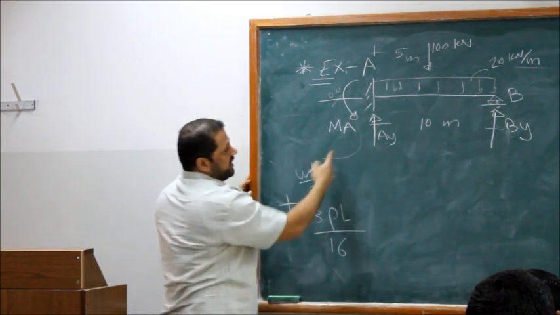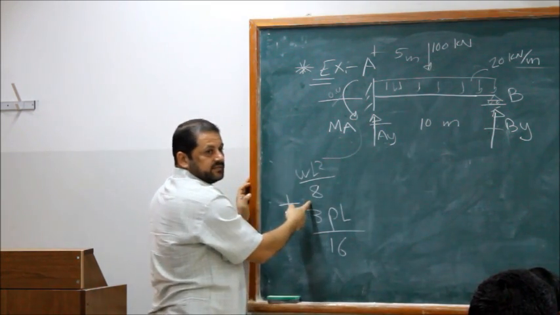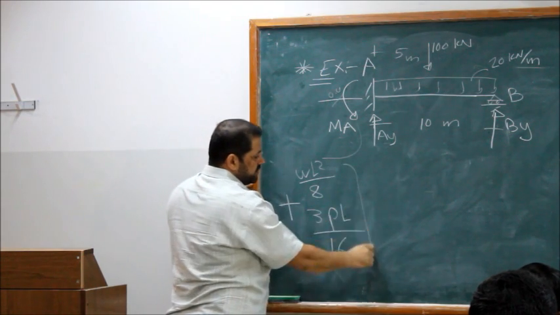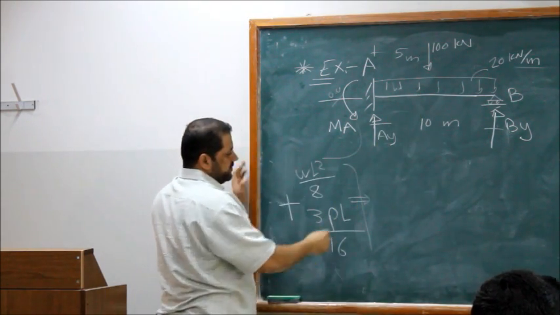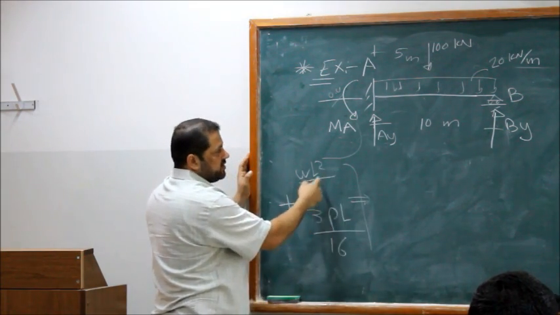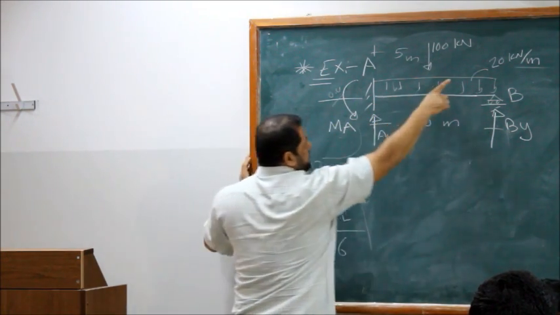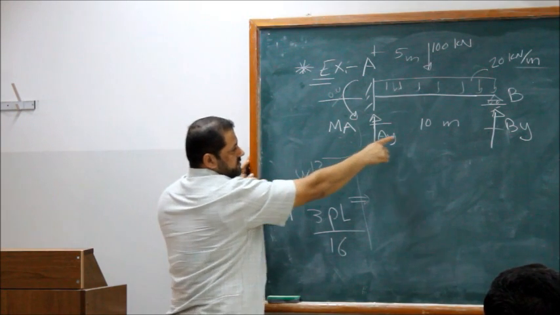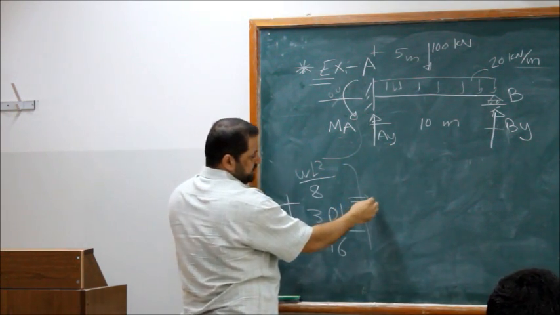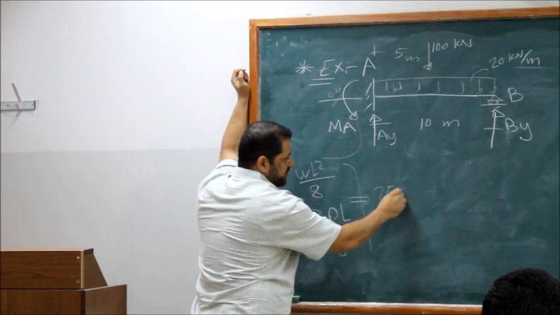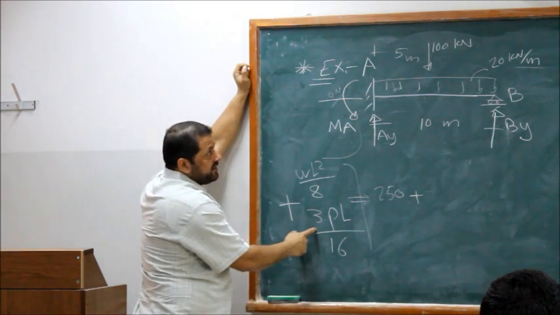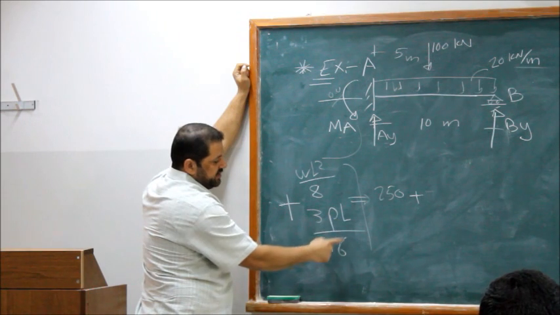So WL square over 8 is how much? 20 times 10 square over 8, which is 250, plus 3 times 100 times 10 over 16.